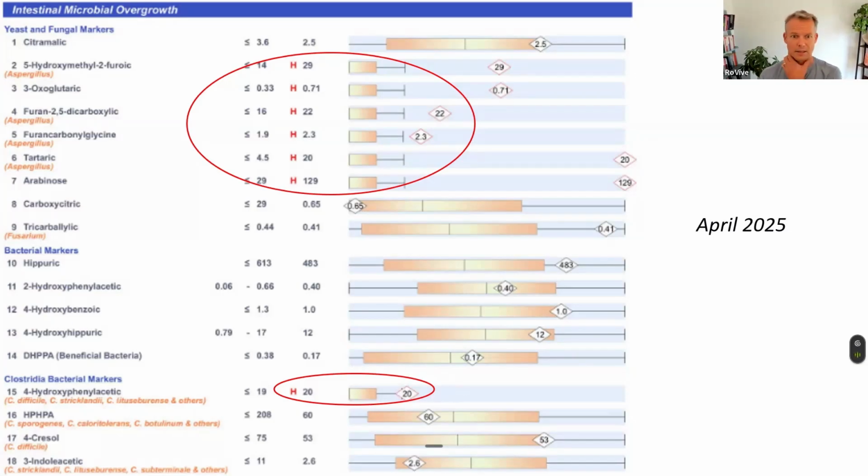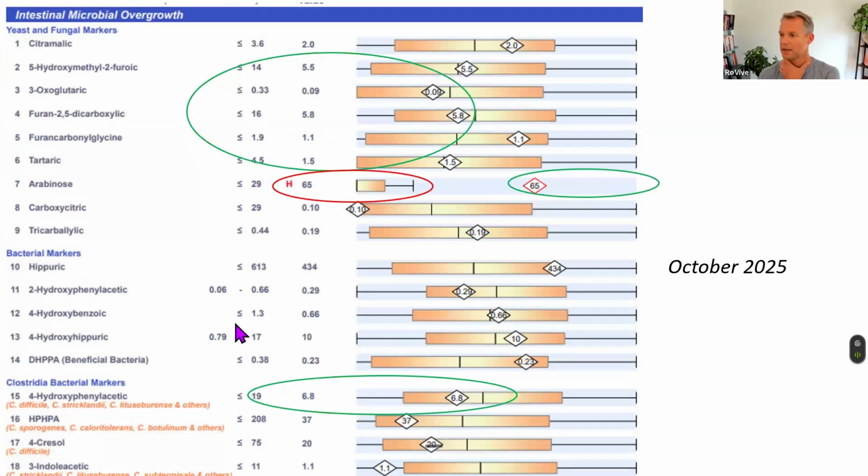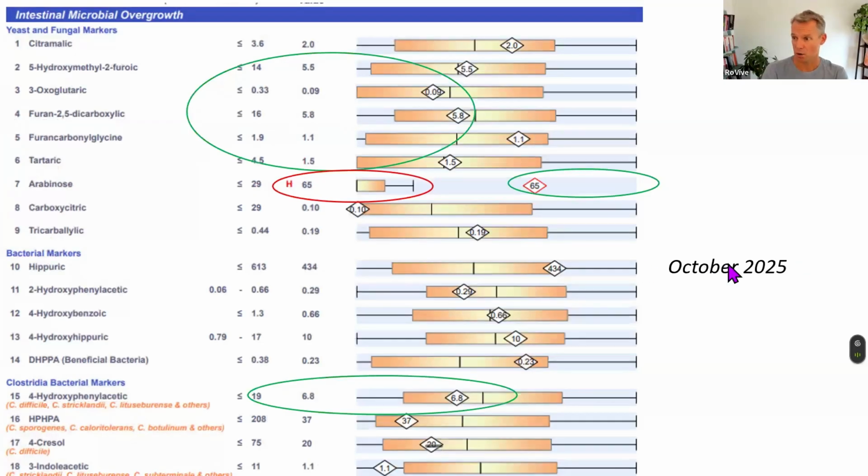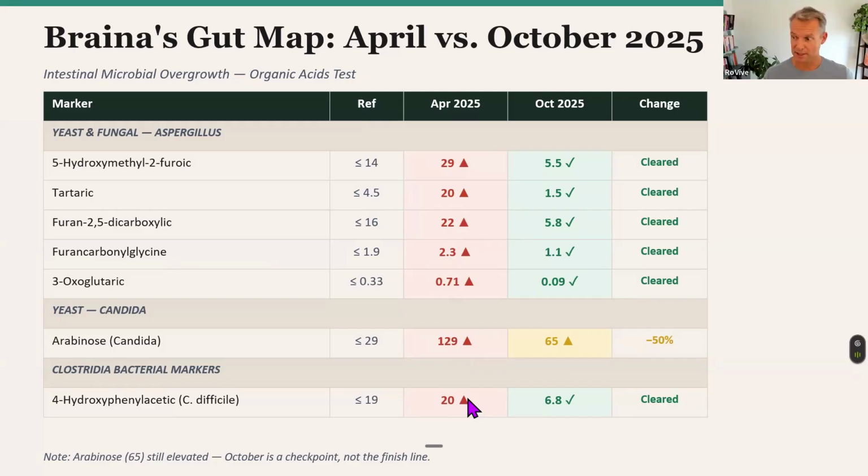And I'll share a little bit about why that is. But I just wanted to, again, zoom out, show you that there's other markers that this particular OATs test, or organic acids test, tests for. And so this is the October one. Again, out of those seven that were abnormal, six of them are normal. The other one improved by 50%.